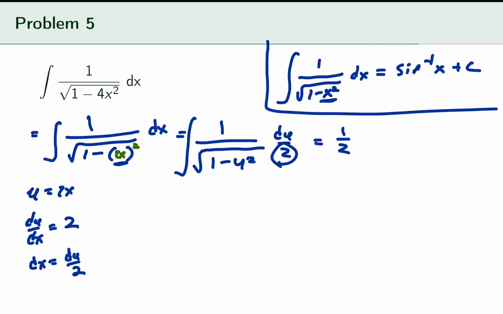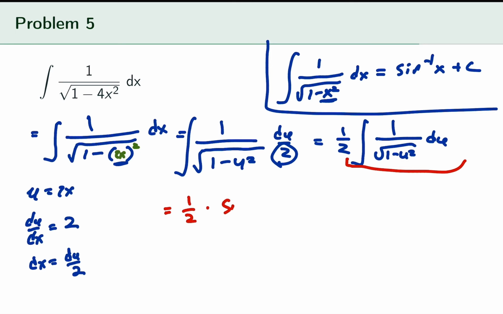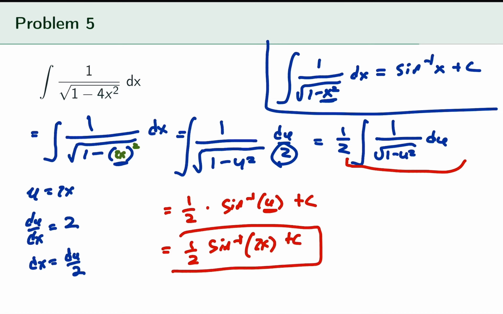We can bring this half into front. 1 over square root of 1 minus u squared du. Now, this portion right here is sine inverse u plus c. Okay, so final answer, half times sine inverse of u plus c. And of course, instead of u, we have to plug in what u is in terms of x. So half sine inverse 2x plus c. So this is our final answer.